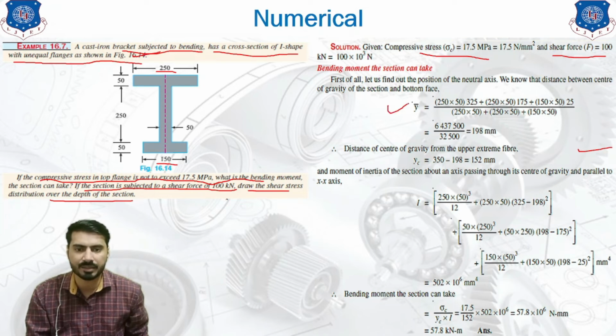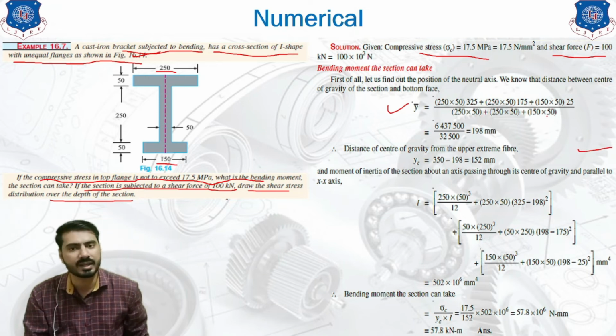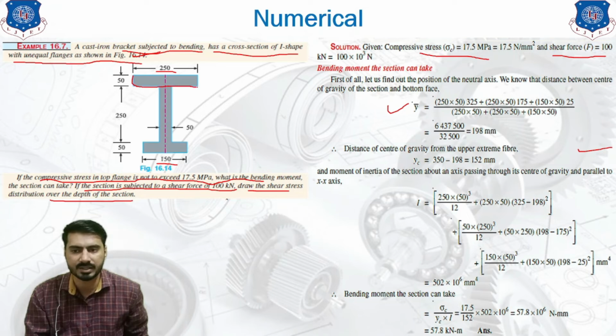So Y bar can be calculated by A1 Y1 plus A2 Y2 plus A3 Y3 upon A1 plus A2 plus A3. What is A1? A1 is the area of the upper triangle. Upper triangle means this is our upper triangle. Y1 is the distance between the centroid of the upper triangle and the reference axis from the bottom.